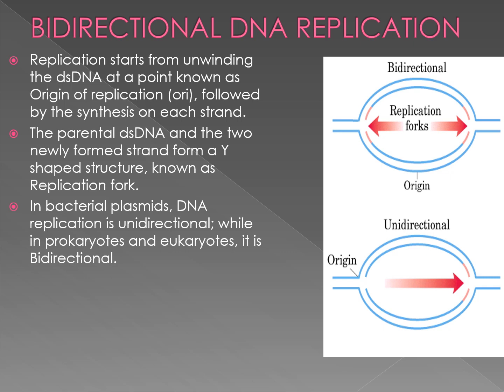At this point, the enzyme starts separating the two strands and creates a replication fork, a Y-shaped structure, and then replication proceeds in both directions, as we can see in the picture. But in bacterial plasmids, unidirectional replication is seen, where from the origin replication proceeds only in a single direction.